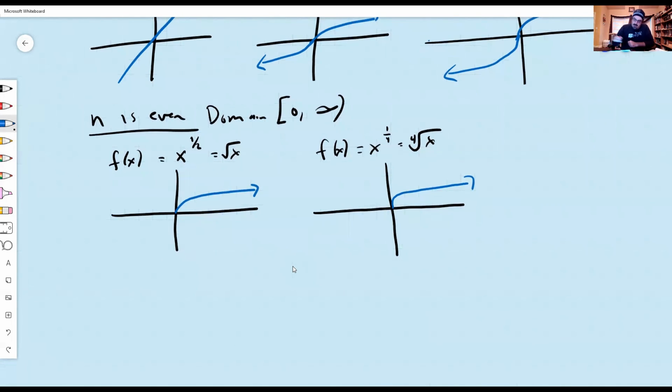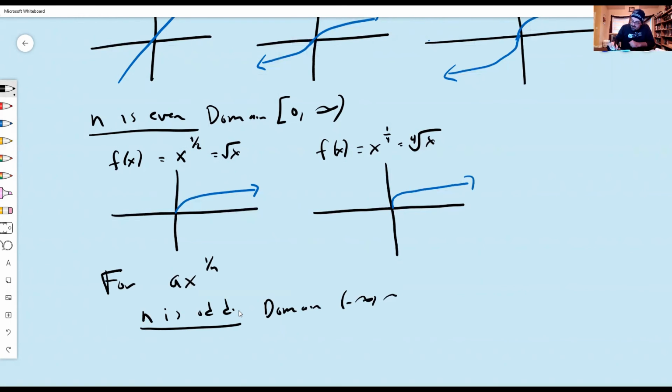So for a x to the 1/n, if n is odd, the domain is minus infinity to infinity, and your picture will be something like this.